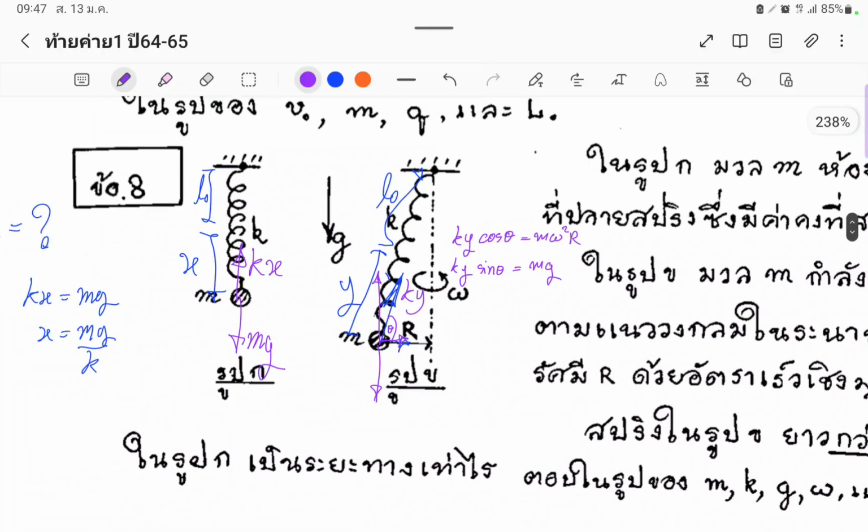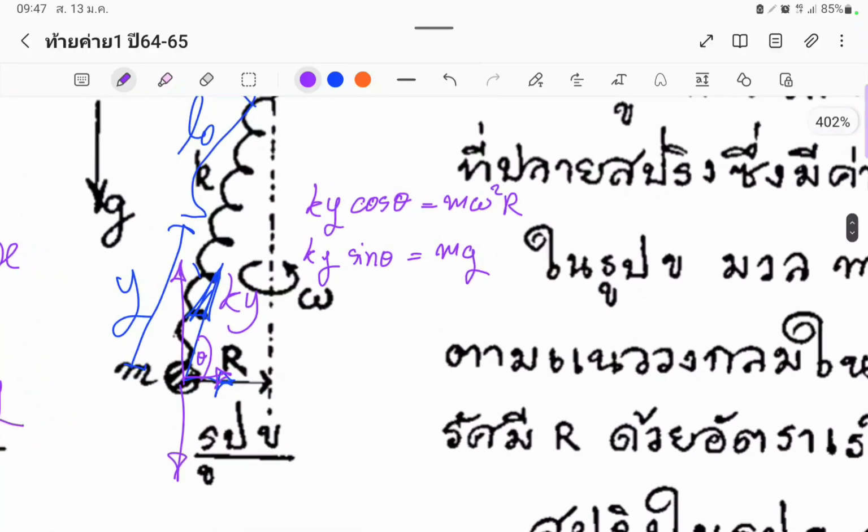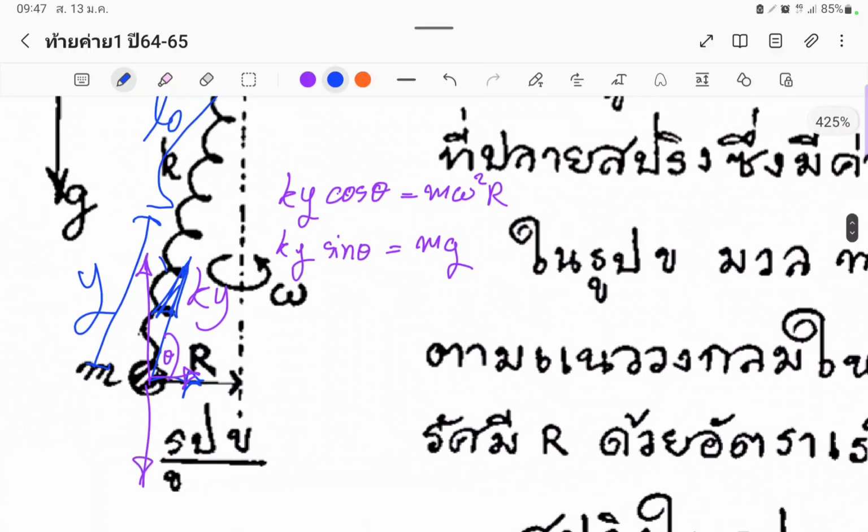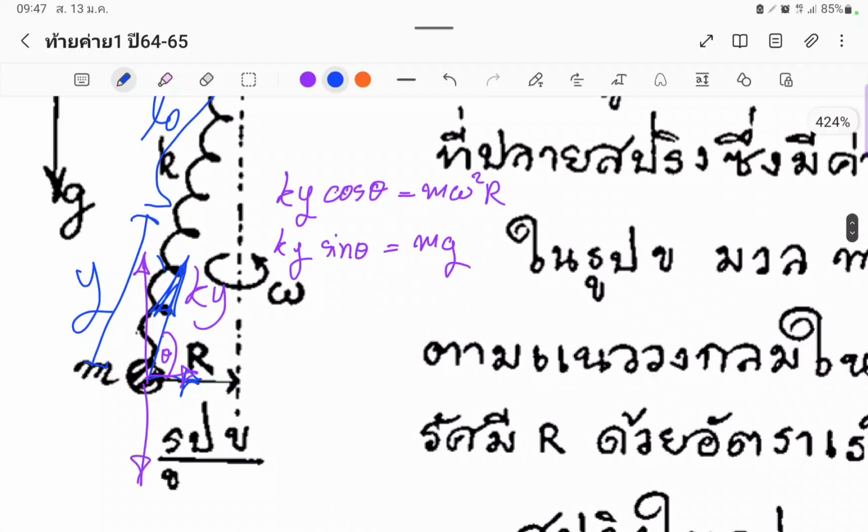Now we have to find what? We have to find y in this, but we don't know cosine and sine theta. Everything else we know, right? So we can eliminate theta by using this trigonometric identity, whatever it's called. It states that sine square theta plus cosine square theta is equal to 1.